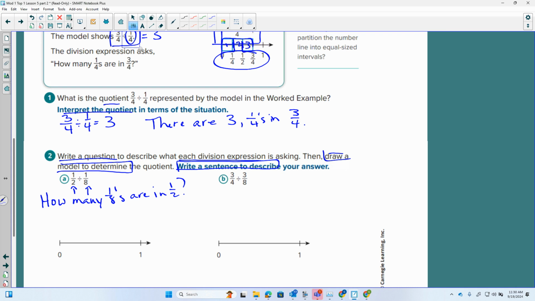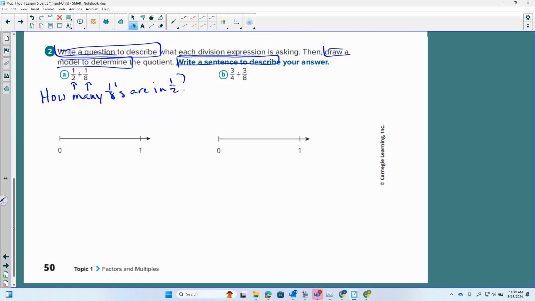So when my model starts, the top is the 1/2. So I find where 1/2 is. I draw a big box on top. That's 1/2. Then I look at my divisor. I can break my number line up and say, okay, there's 1/8, 2/8, 3/8, 4/8. 4/8 is equal to 1/2, yes?